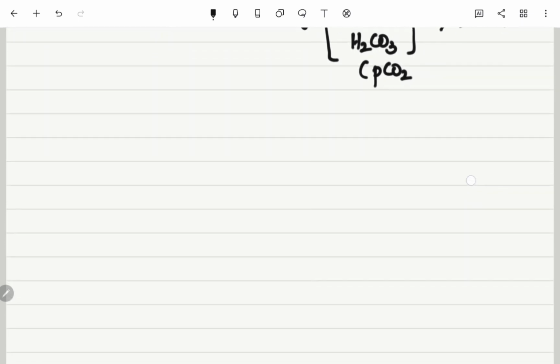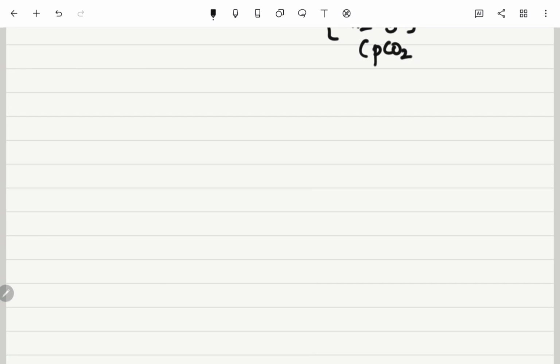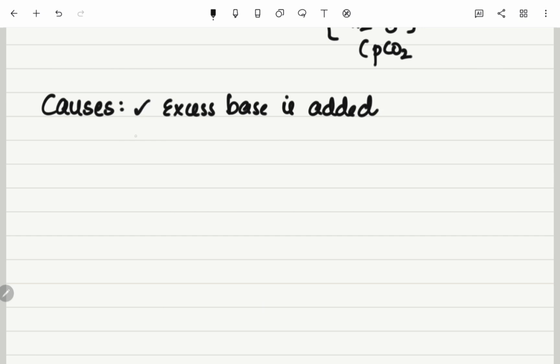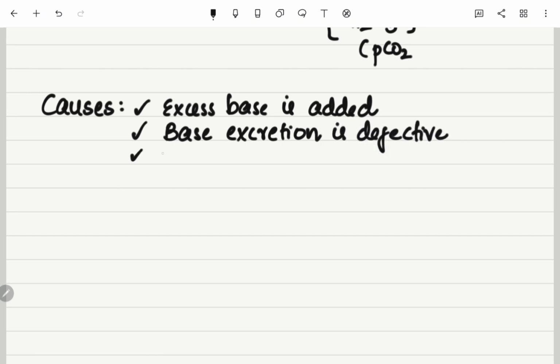Moving on to the causes. The primary causes of alkalosis occur when excess base is added to our body, when base excretion is defective in our body, or whenever acid is lost from our body.